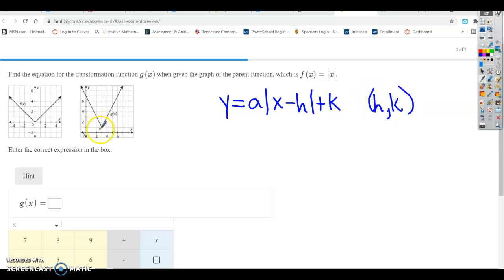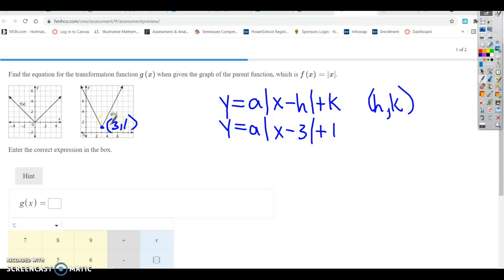And for this one, our vertex is (3, 1). So we're going to put in y equals a, and then we have x minus 3, and then plus 1. All I did was substitute my vertex in for h and k.